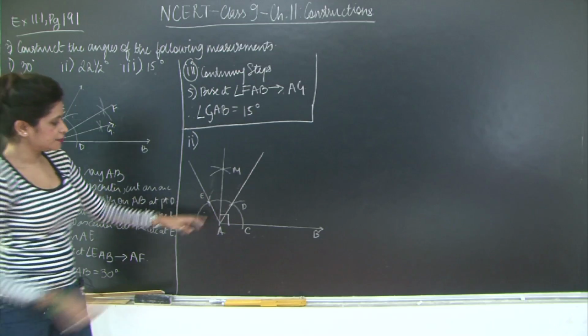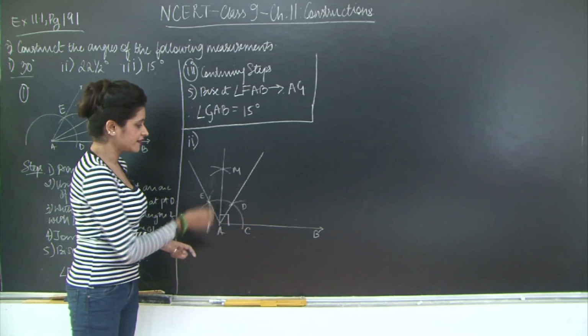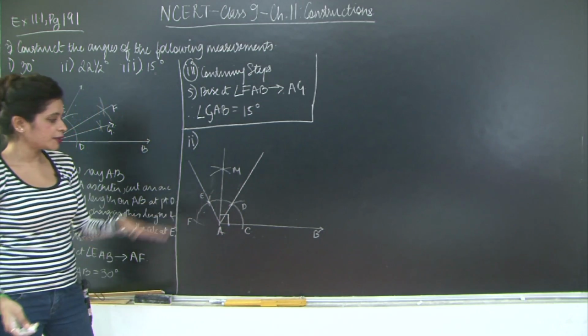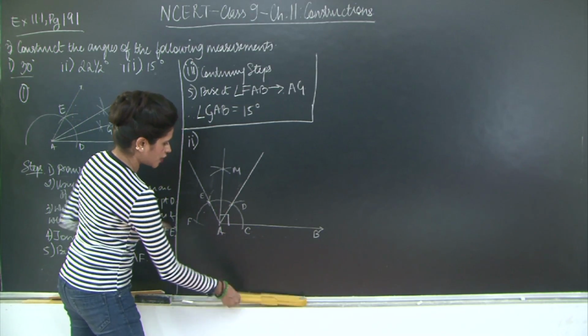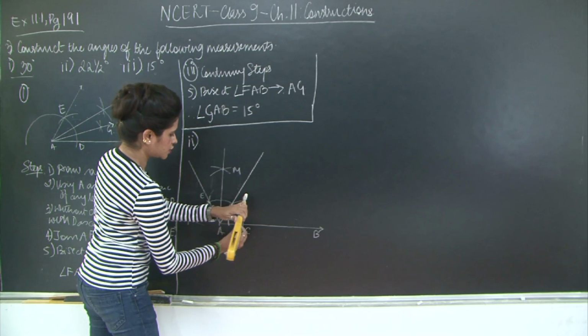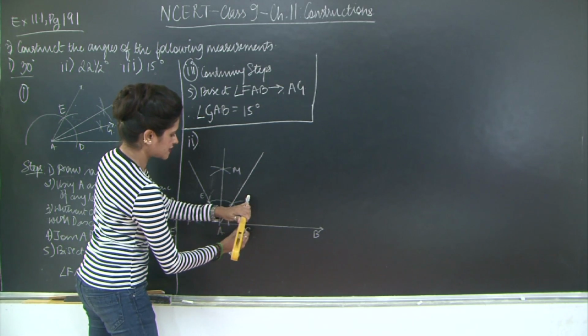Now if I bisect this angle MAB, I will get 45 degrees, and when I further bisect that angle, I will get 22.5 degrees. So I already have the initial arcs for MAB. I am going to bisect this angle now.